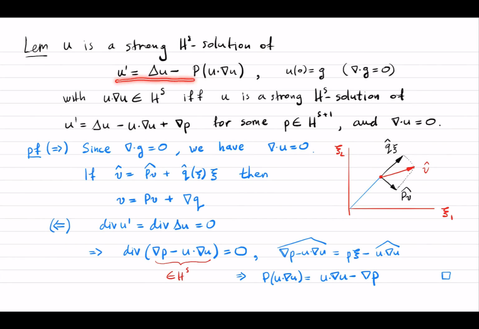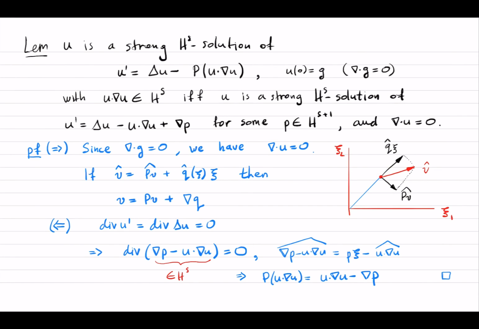So now the Navier-Stokes becomes, in this formulation, a non-local equation, which is not really a PDE. This lemma says that this formulation in terms of the Leray projector is basically equivalent to the usual formulation. We can define the notion of strong HS solution just as in the case of the linear inhomogeneous equations.